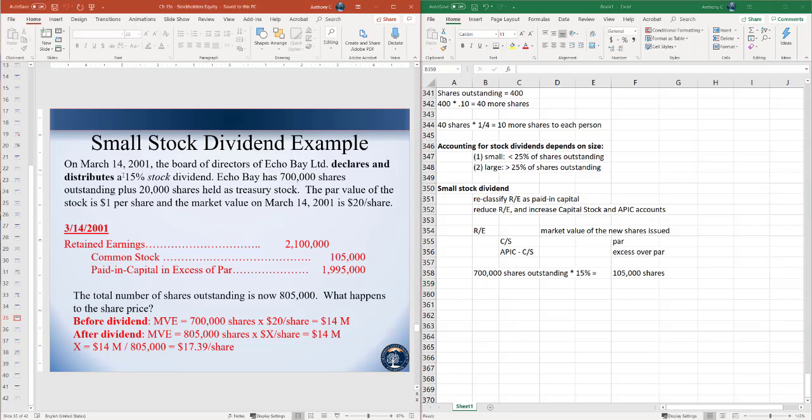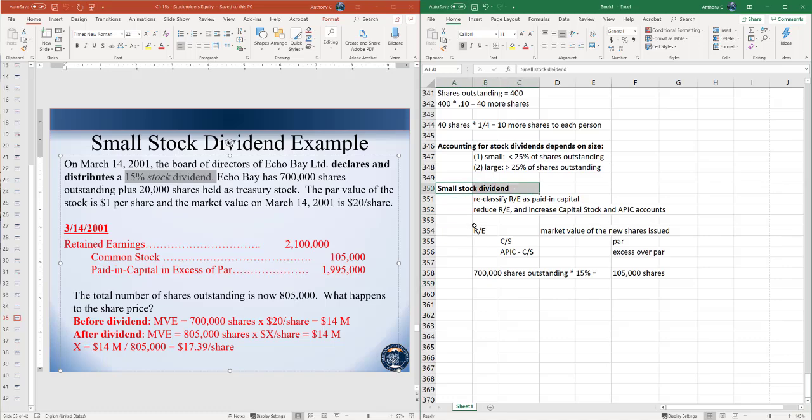In this case, it's a 15% stock dividend, so it's a small stock dividend. To journalize this, we're going to take the value of this small stock dividend, reduce RE by that amount, and increase our paid-in capital accounts by that amount. We'll debit RE for the market value of these 105,000 shares.